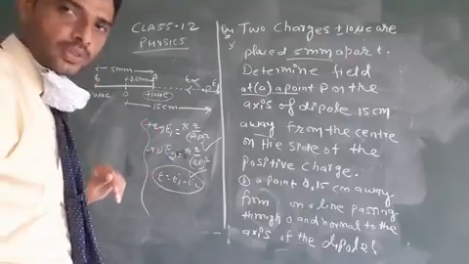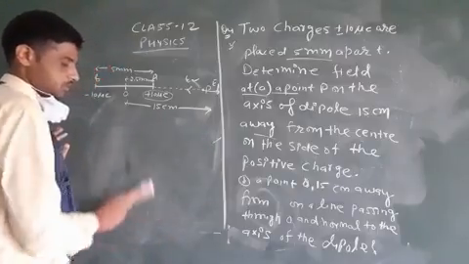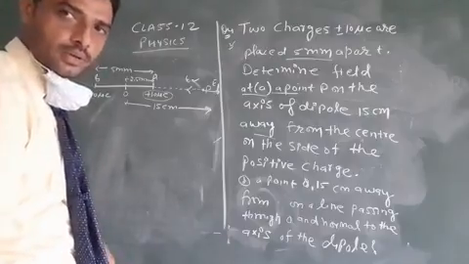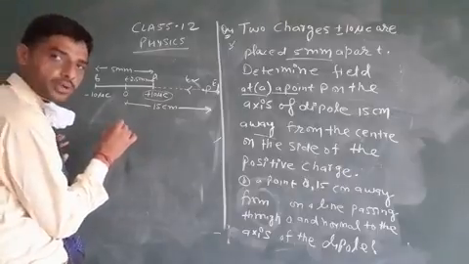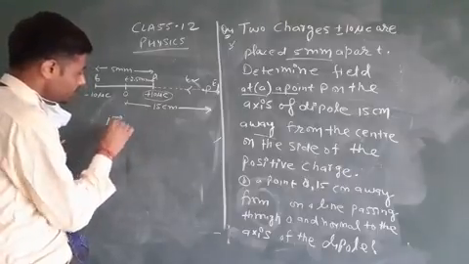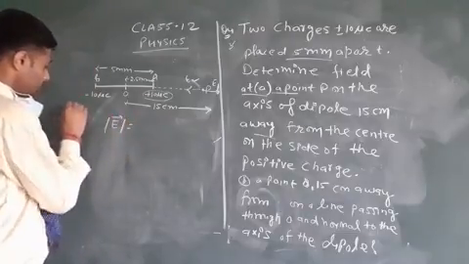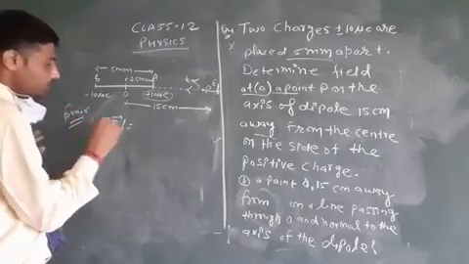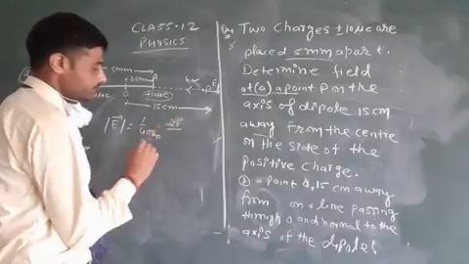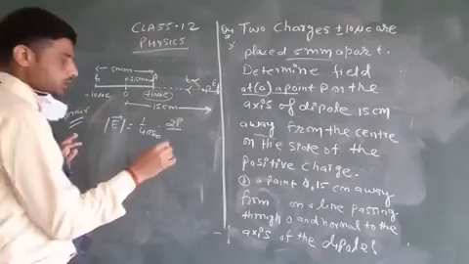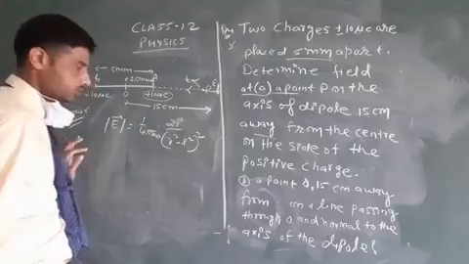And in the other method, you can use the formula for electric field intensity due to a dipole at the axial position. As you know, for air, E equals 1 upon 4 pi epsilon naught, 2p upon (R square minus L square) whole square.